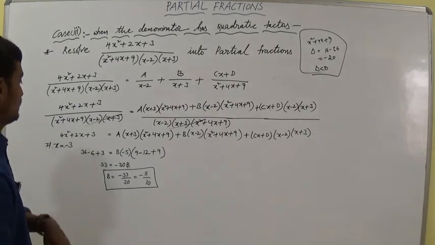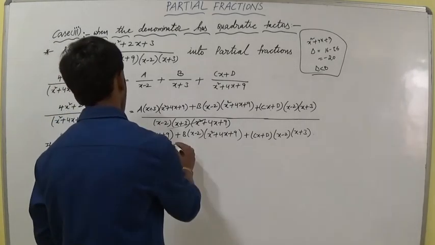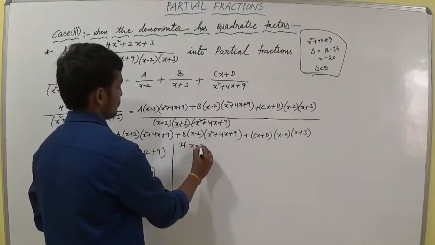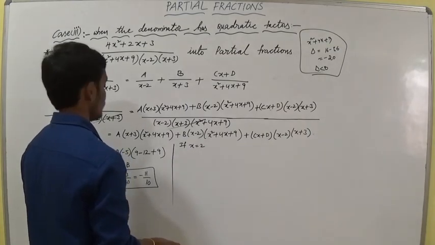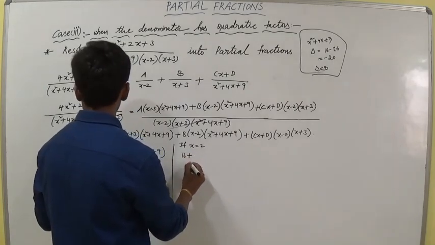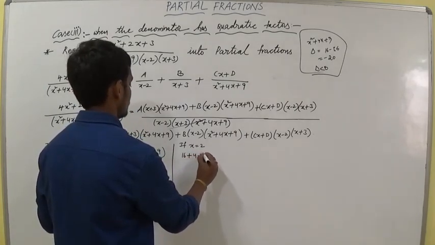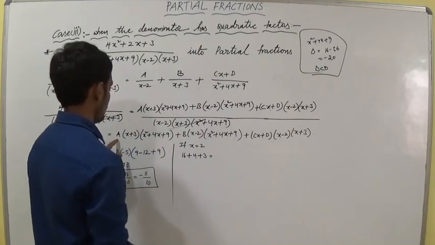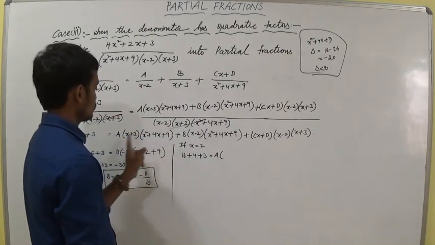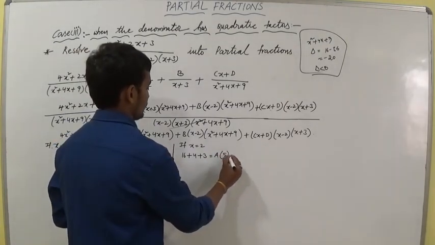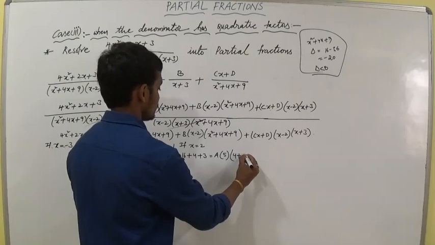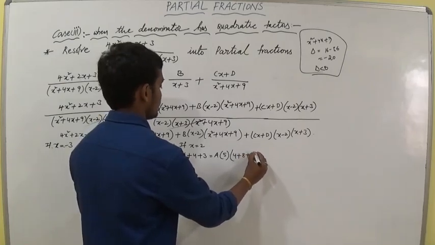Minus 11 by 10. The same way, I am taking x is equal to minus 2, sorry, plus 2. If x is equal to 2, I am substituting here: 2 square 4, 4 4s are 16, plus 2 2s are 4, plus 3 is equal to a into 2 plus 3 is 5, here 2 square 4 plus 2 4s are 8 plus 9.